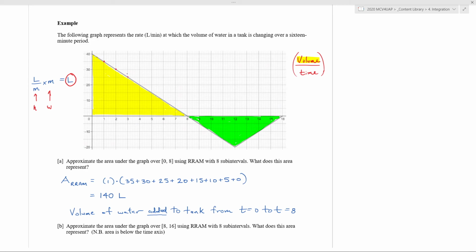Then in part B, it says approximate the area under the graph. What that means is between the graph and the x-axis, using RRAM with 8 subintervals. What does this area represent?